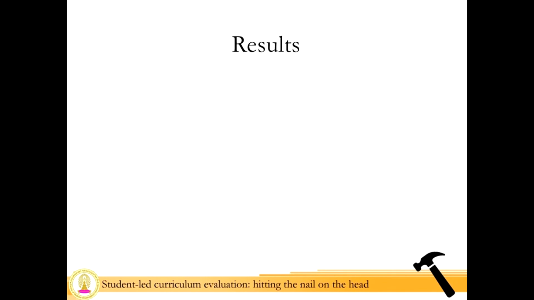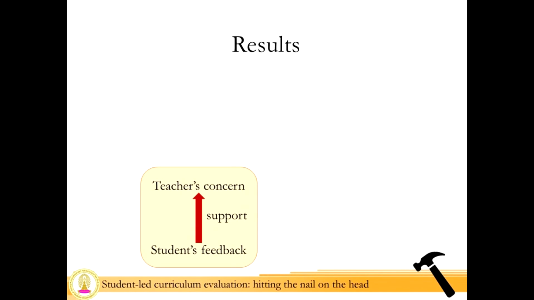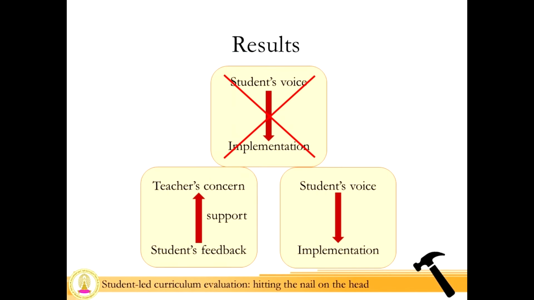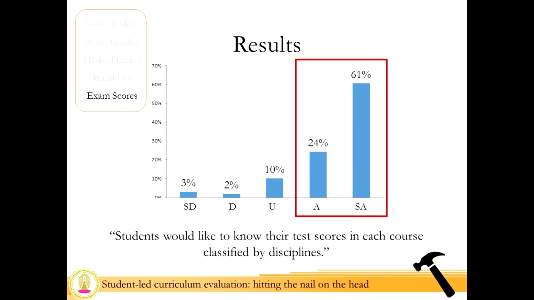So far, we have presented 2 examples of issues in which what students suggested is what teachers have been concerned about, and 2 examples of educationally sound student suggestions which are being put into action. However, not all of our suggestions can be put into action, and here is an example. 35% of students would like to know the test score in each course classified by discipline.